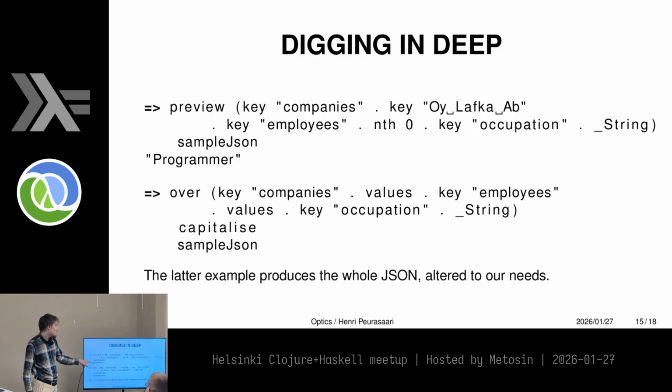So for companies, all of the employees of all the companies, get the occupation string, and we capitalize it by putting the first letter in each word in capital case so that everything looks neat. We have a programmer with a big P and pro gamer with 2 capital letters and what have you. For some reason, I couldn't fit the results on this, so you'll just have to take my word for it.